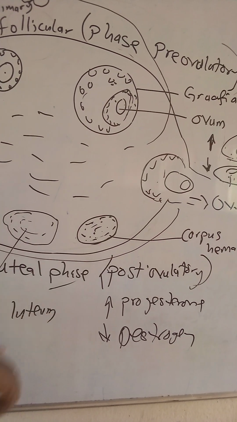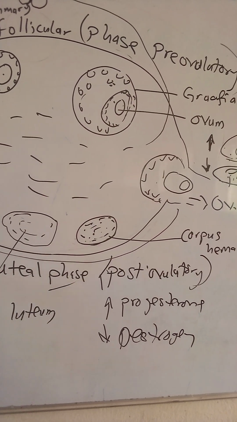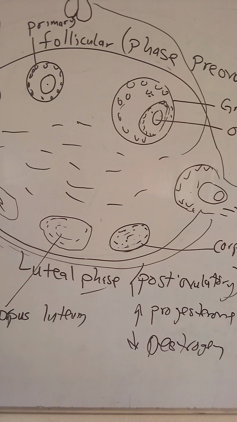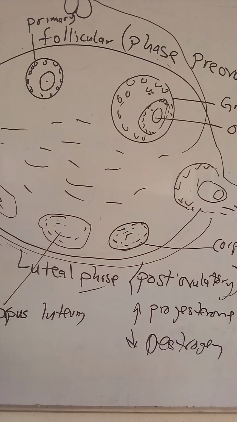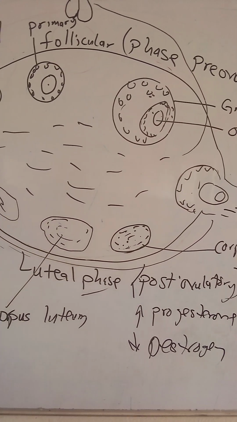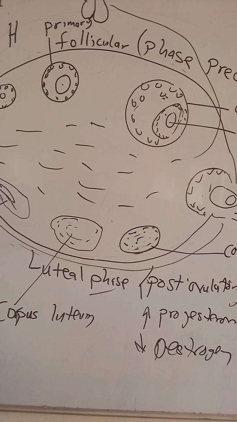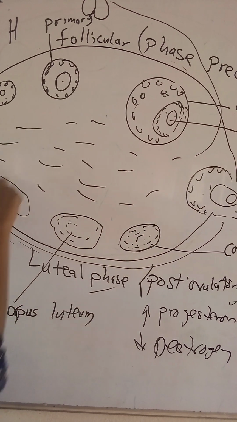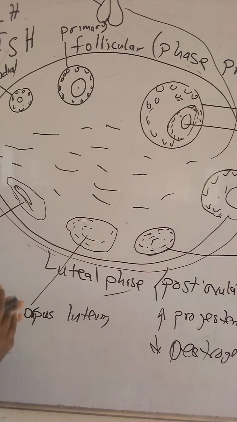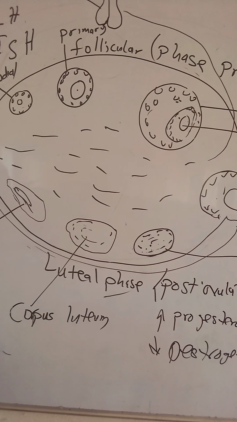So definitely the endometrium of the uterus will shed away in the process of menstruation. So this is what happens in the ovarian cycle and also in the menstrual cycle.